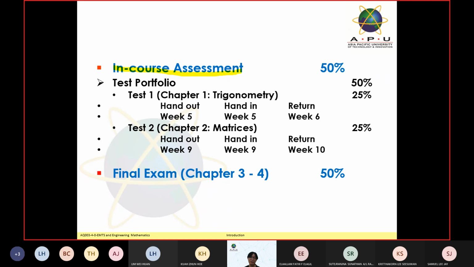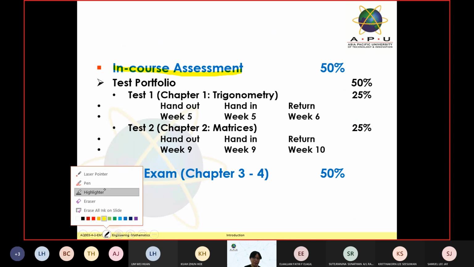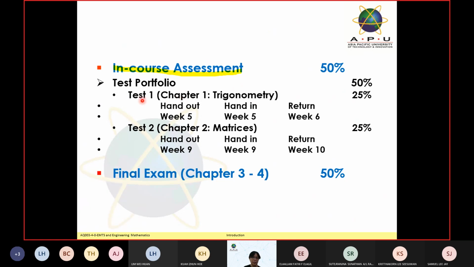That means earlier we had 4 quizzes, but now we are going to have 2 tests instead of 4 quizzes. Remember the previous one, the first 2 quizzes assessed trigonometry. Now the first test will assess trigonometry, so we are not going to split into 2 assessments, but only 1.